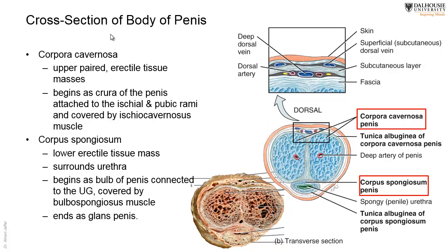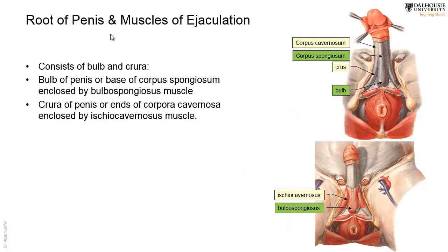Now, this is the body of the penis. It starts as the root. So here is the root of the penis. The root is made of three structures again. So we have the crus. The corpus cavernosum continues backwards as the crus, which, as you can see here, is attached to the hip bone. And it's covered by fibrous tissue and by muscle fibers.